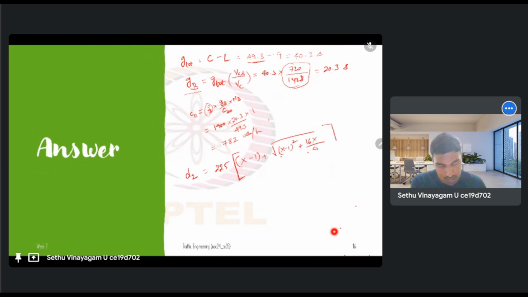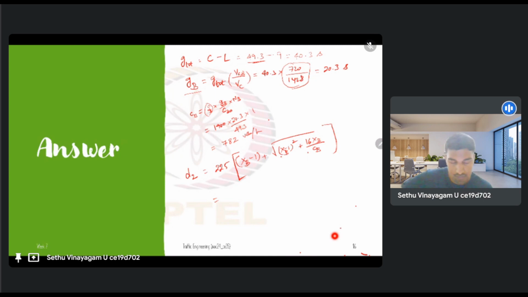I'll put i, so i represents the phase that we are analyzing. Ci is the capacity, which here we are looking at for phase B. All these values that we will be substituting will correspond to phase B.